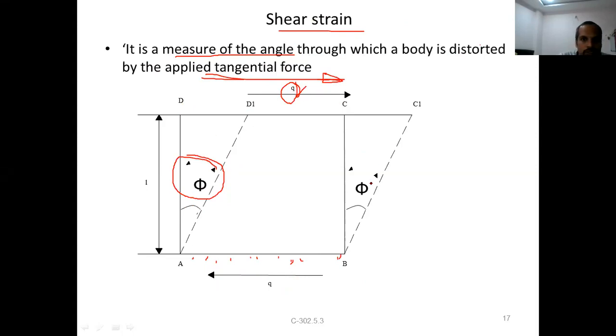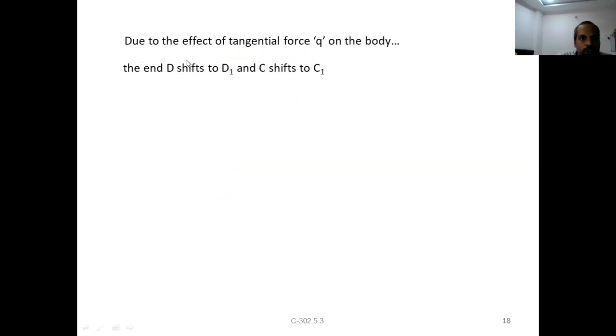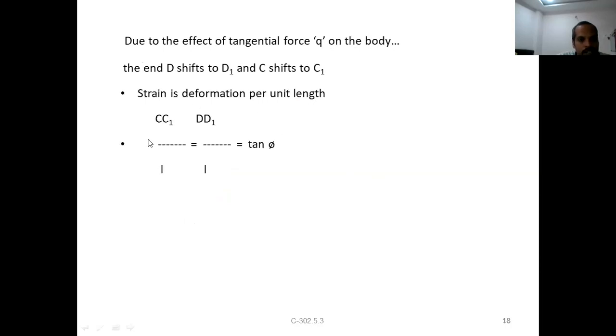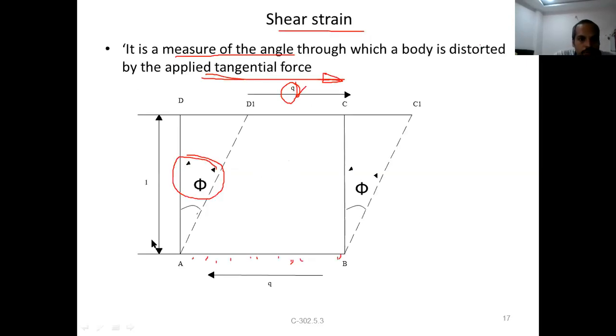Due to the effect of tangential force Q on the body, the end D shifts to D1 and C shifts to C1. The strain is deformation per unit length. It is nothing but CC1 by L is equal to DD1 by L is equal to tan pi.